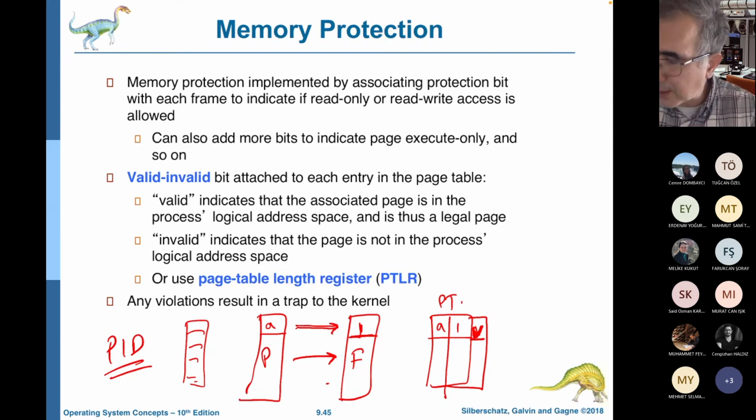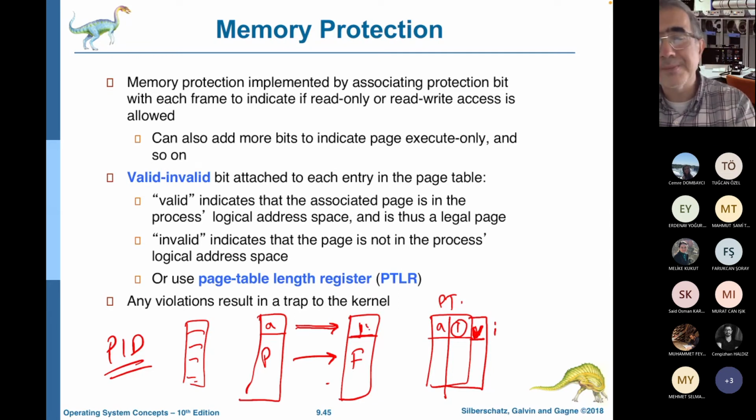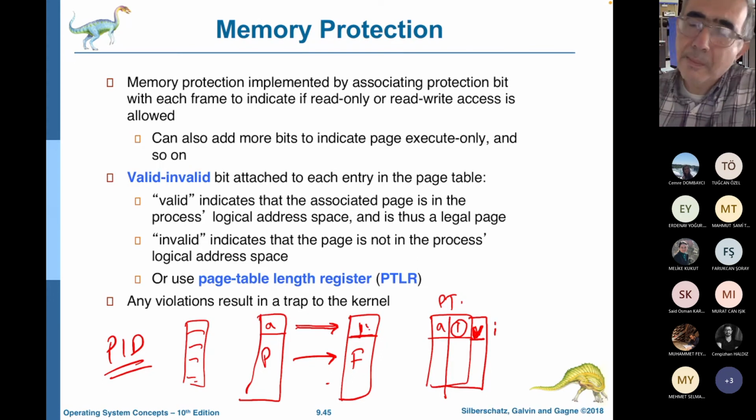If there is an invalid bit, which is 0, the content of this location in real memory is currently empty. When the memory is empty, we don't delete the content, we just ignore it.